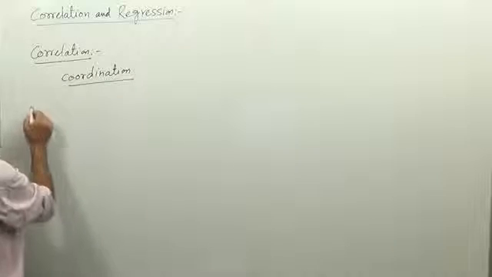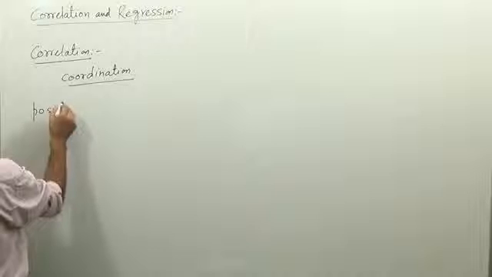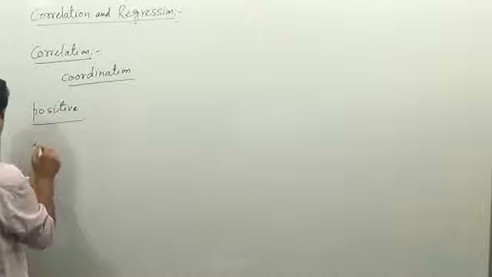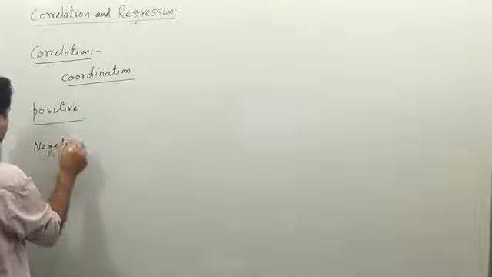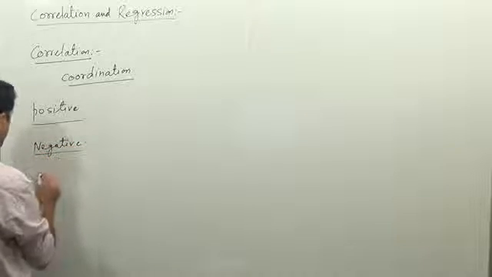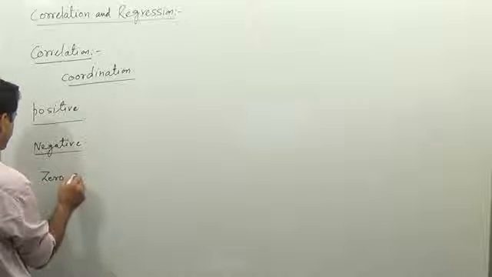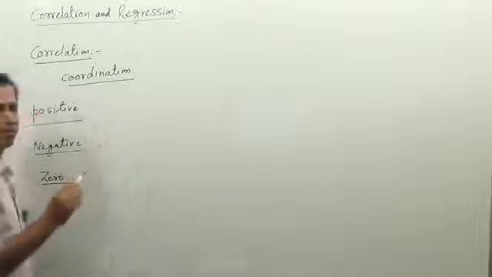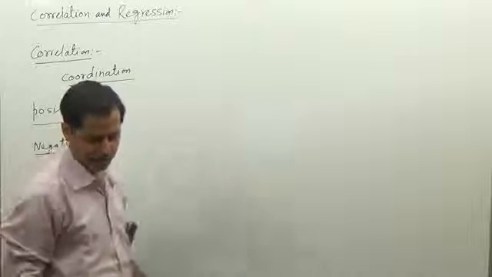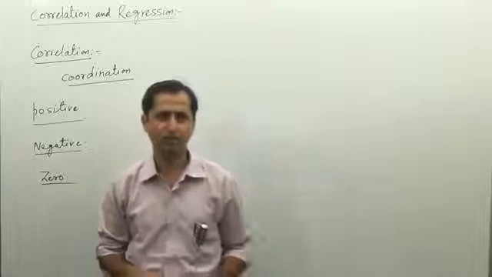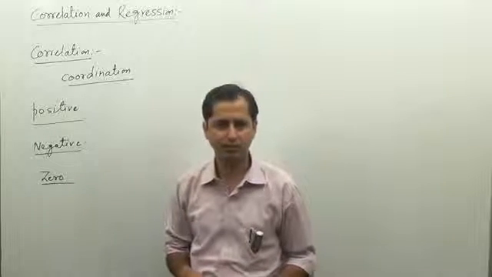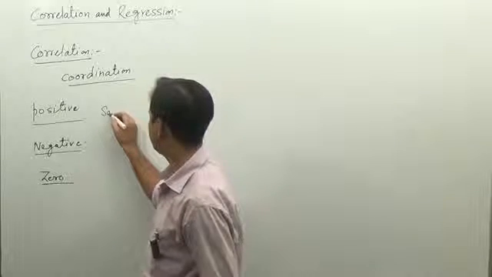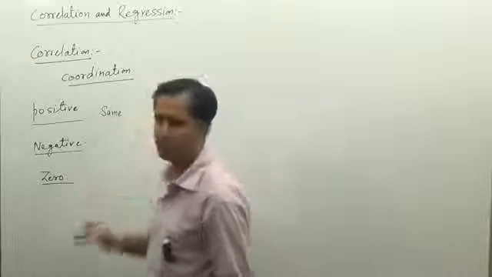So there are three things which we have. One, when the correlation is positive, when correlation is negative, and when there is no correlation, you can say zero correlation. If the values of the two sets of variables increase in the same direction, then we call that the correlation is said to be a positive correlation.